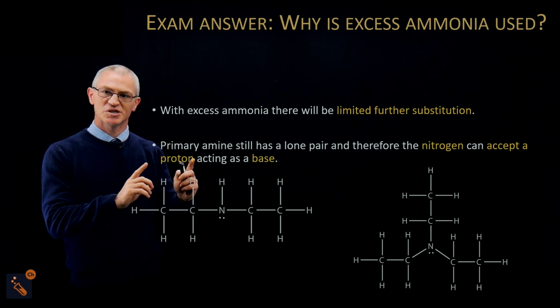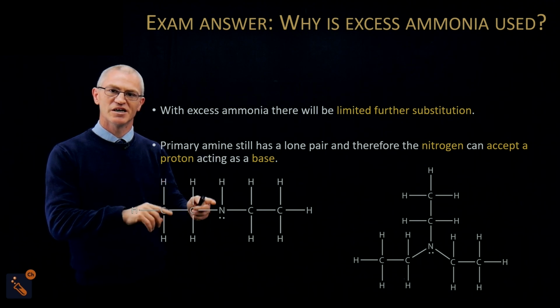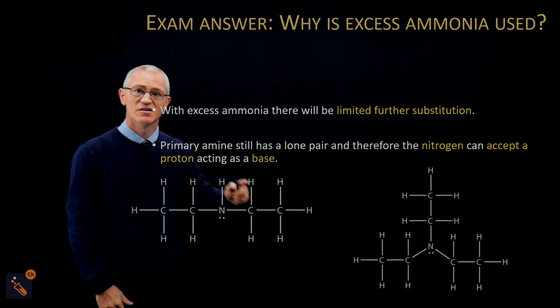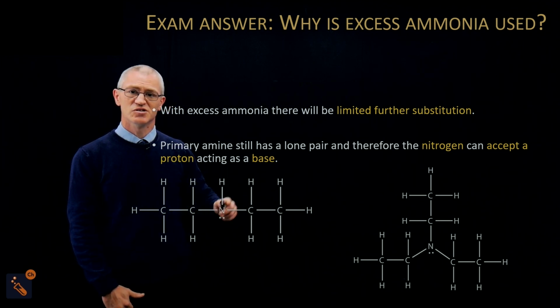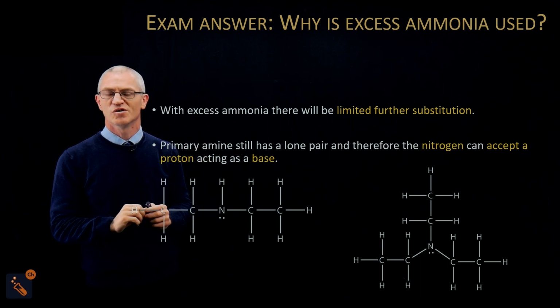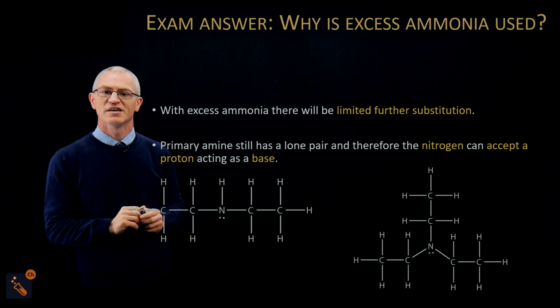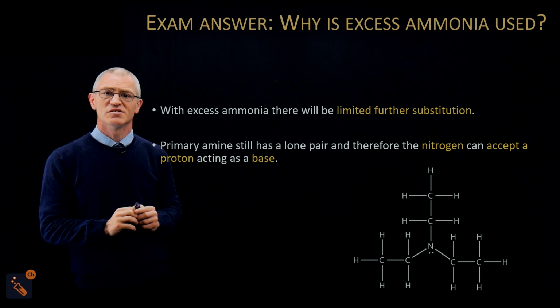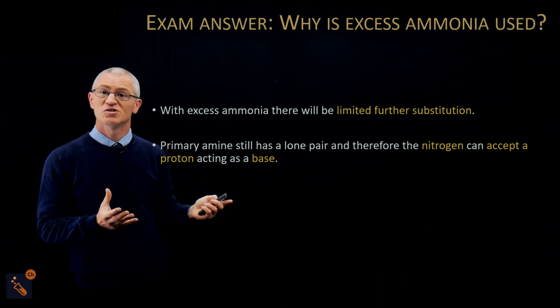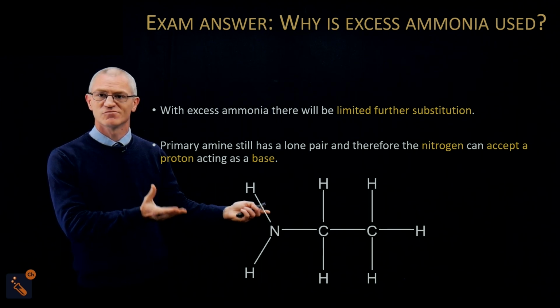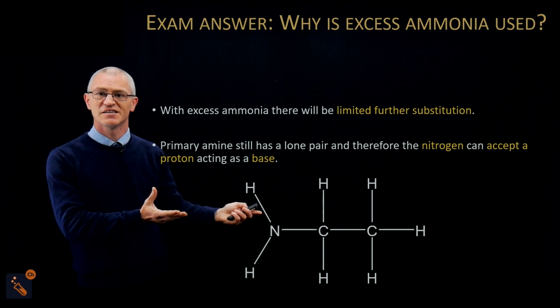That's because the primary amine still has a lone pair, and therefore the nitrogen can still accept a proton, acting as a base, which means you'll get these further substitution products. Whereas if you have excess ammonia, there will be only, or mostly, primary amine, and that's why you do it. So it's really important that you know they won't be there, and if they're not there, you'll get the primary amine, which in this case would be ethanamine.